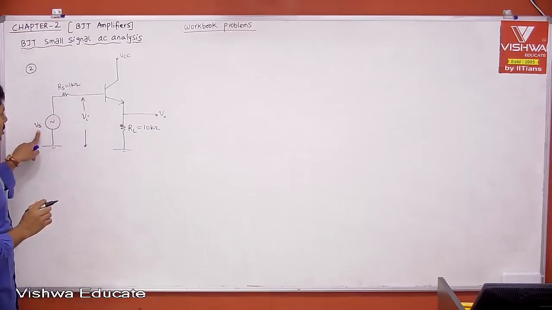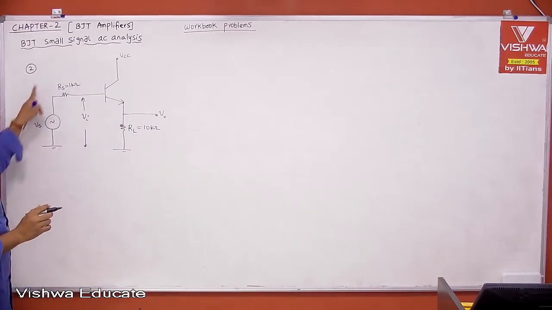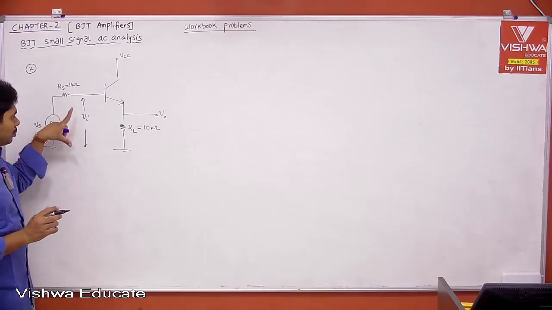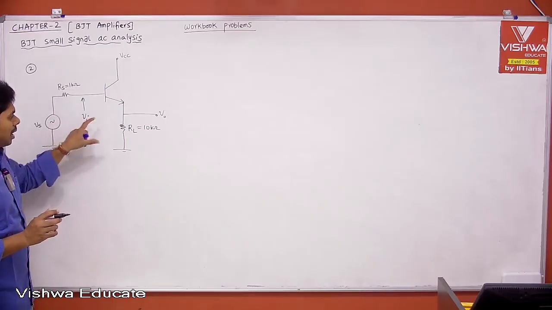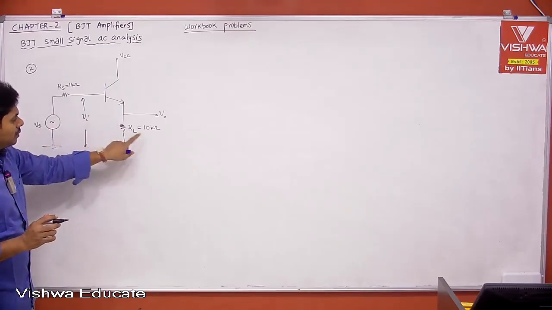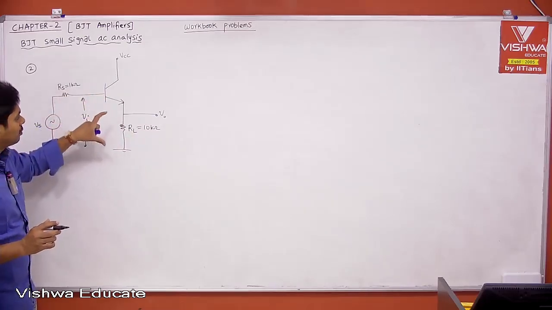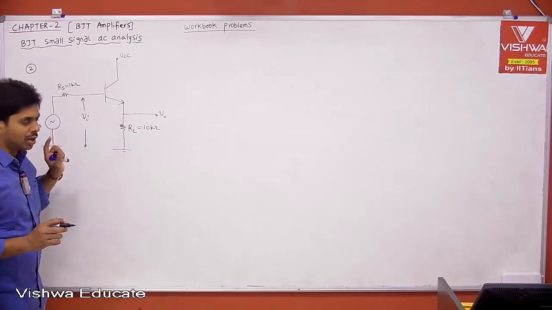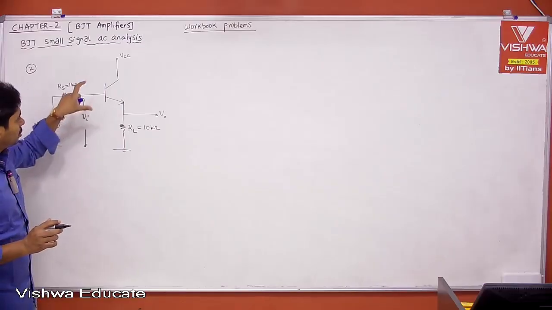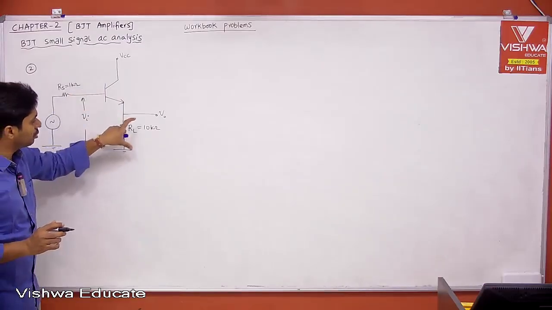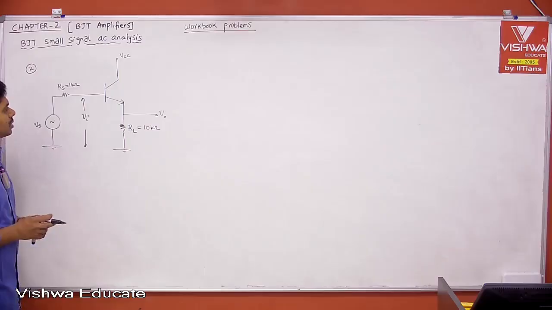The real input voltage is Vs, but it is a practical voltage source because of Rs. The actual input to your amplifier is Vi, and this is your load resistor, which is 10 kilo ohm, and from the transistor we apply voltage V0 to your load. Vi is the one we apply to your amplifier, V0 is the one we apply to the load. Done. This is the circuit.